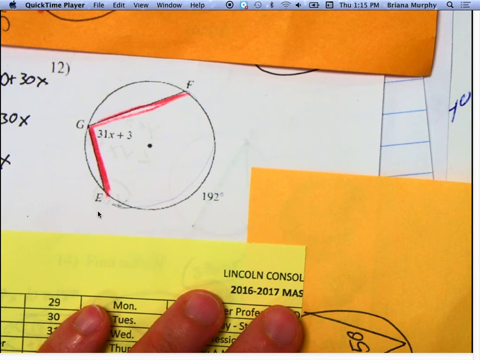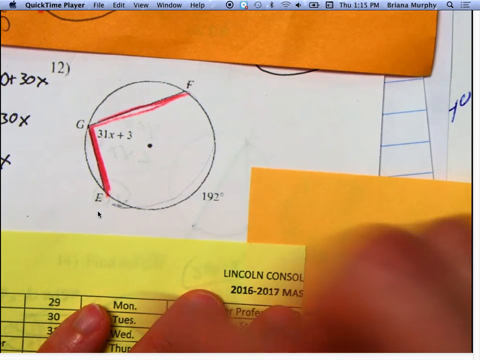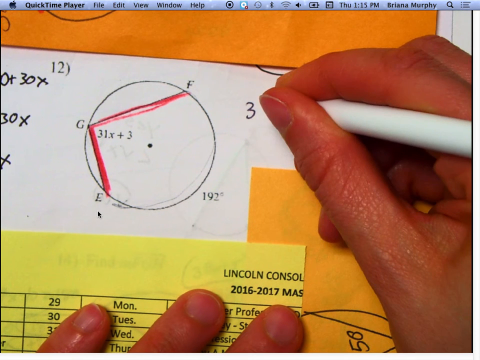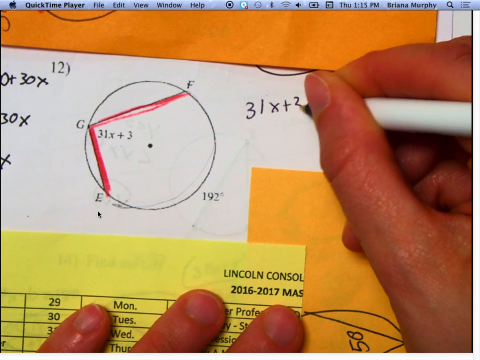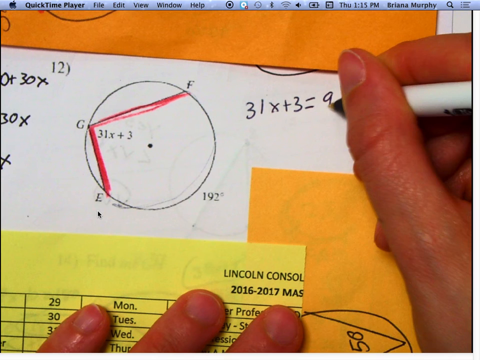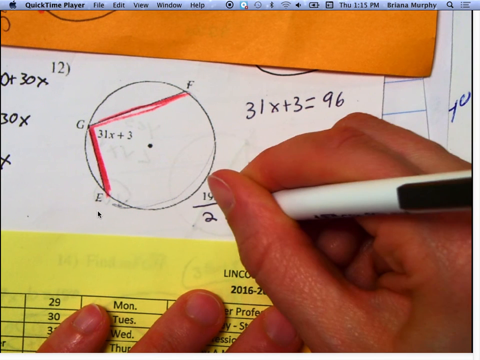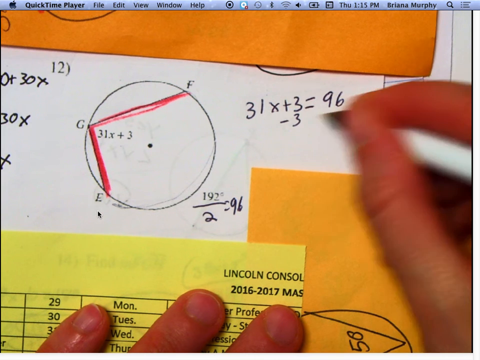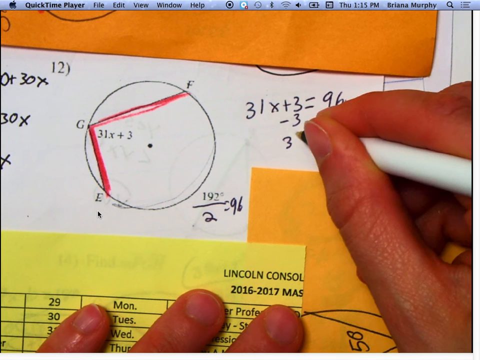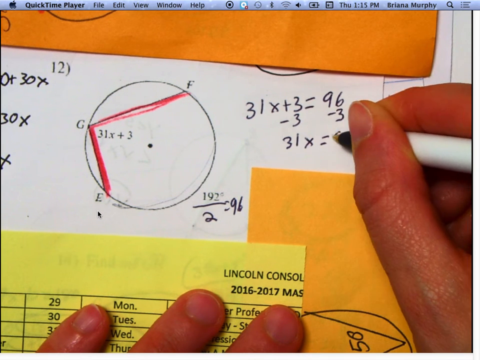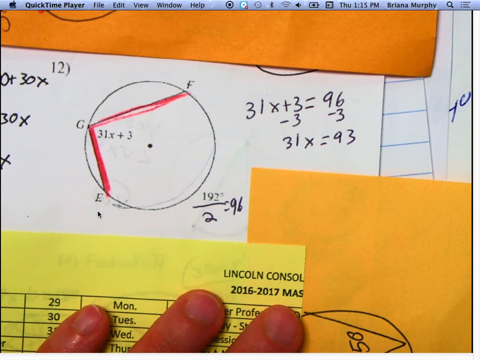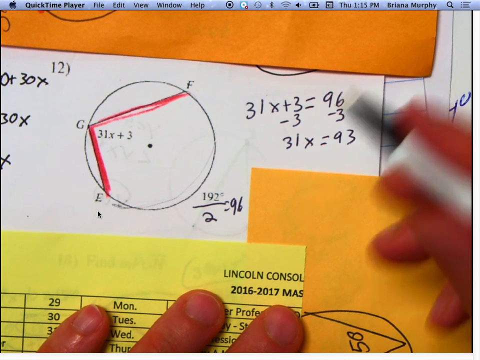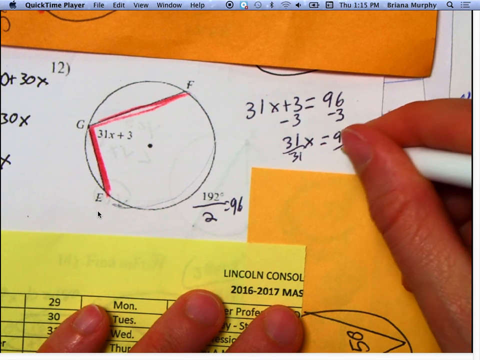Just divide by 2. So perfect, Mike. 192 divided by 2 gives me 96. So 31x plus 3 equals 96. I divided this by 2. Now I'm going to subtract 3. 31x equals 93. Take 93 and divide it by 31. And I get x equals 3.